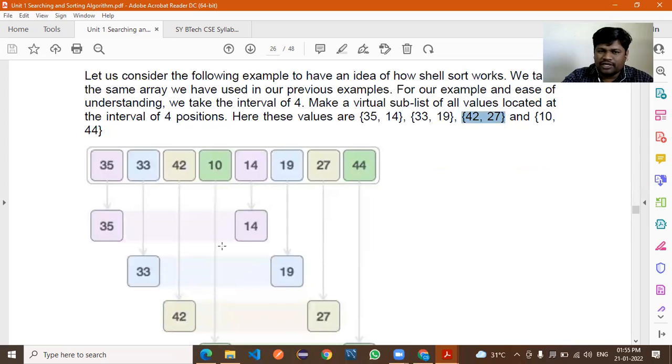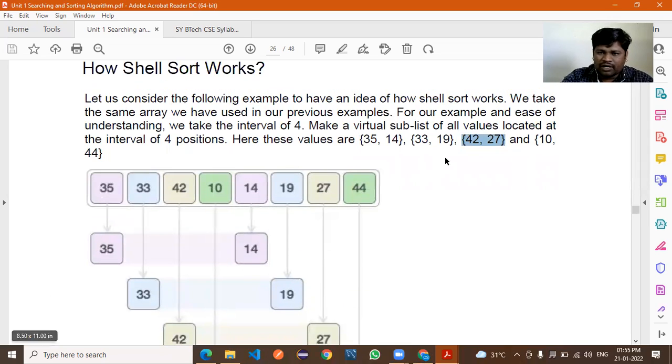And next, 10 and 44. Now, have all of you understood how we have created this virtual sublist? We have considered the interval of 4 between the two elements. Here we have created virtual sublists of all the elements located at the interval of 4th position, right?